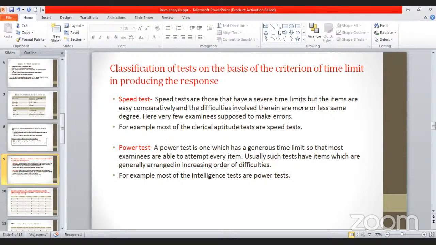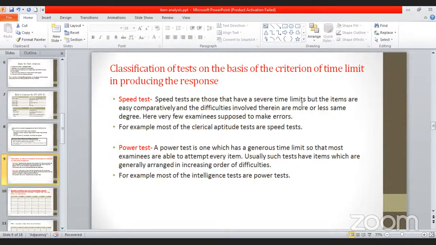Here very few examinees are supposed to make errors. So in the case of the speed test, the focus is on the time limit. The time limit is very stringent, and it shows how rapidly the test takers can complete the task.